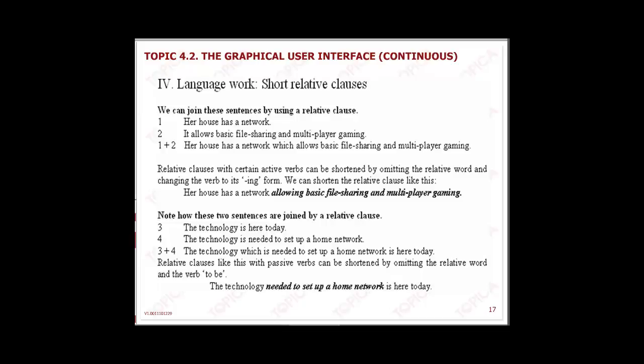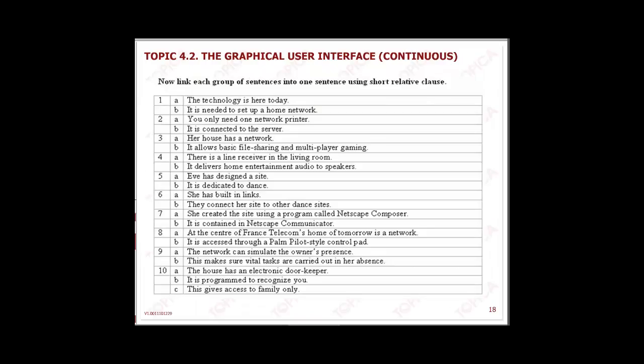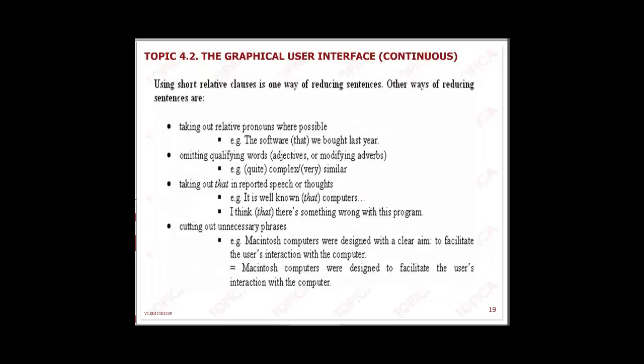Relative clauses like this with passive verbs can be shortened by omitting the relative words and the verb to be. For example, the technology needed to set up a home network is here today. Now, link each group of sentences into one sentence using a relative clause.